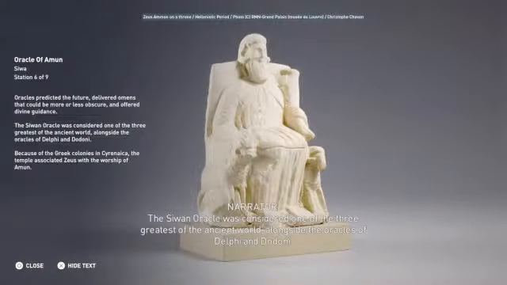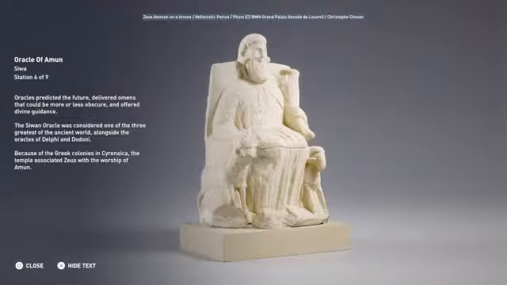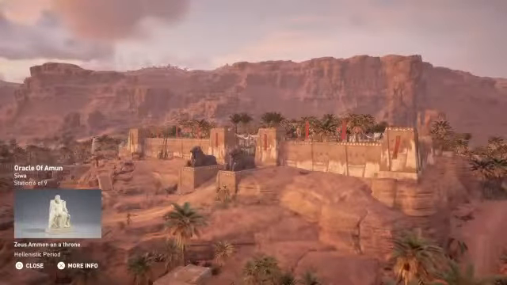The Siwan Oracle was considered one of the 3 greatest of the ancient world, alongside the oracles of Delphi and Dodoni. Because of the Greek colonies in Cyrenaica, the temple associated Zeus with the worship of Ammon. And there it is, the statue.